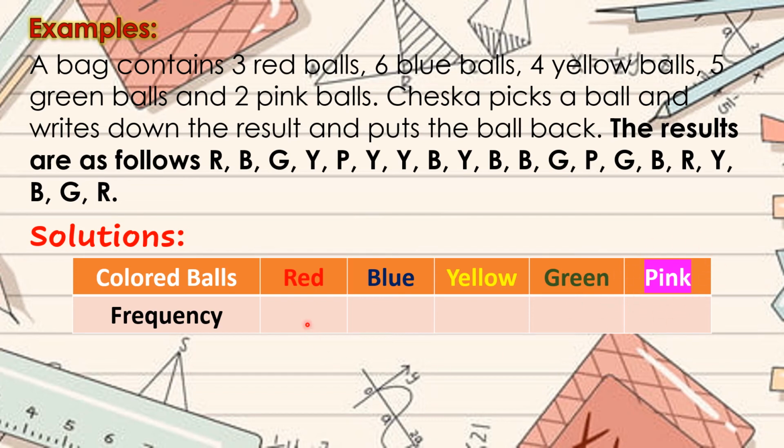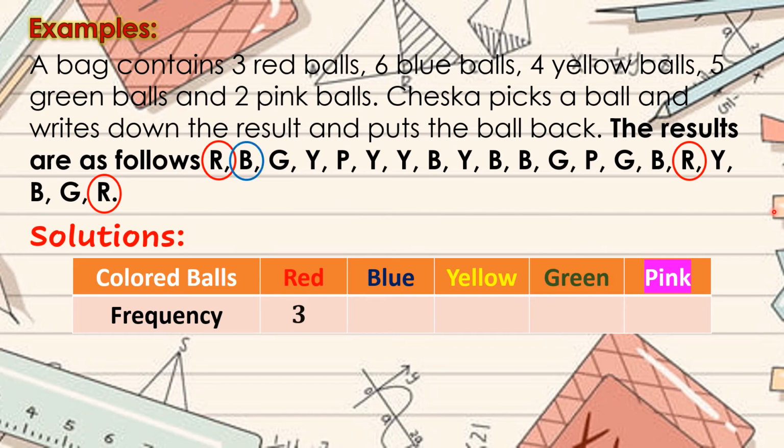So, let's count kung ilang beses niyang nabunot ang red ball from dun sa kanyang nakalistang results. So, let's count. 1, 2, 3. So, 3 beses siyang nakabunot ng red balls.